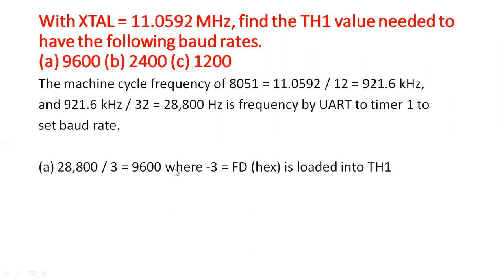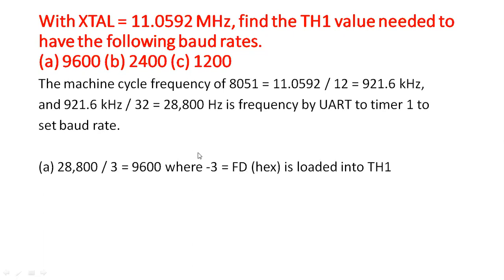If you put minus 3 directly, see this FD, if you convert this FD into 2's complement, you will get minus 3. It's vice versa. This minus 3, if you convert into 2's complement, you will get the value of FD. So whatever value I'm getting here, just put minus 3, or you can convert into the 2's complement value and substitute.